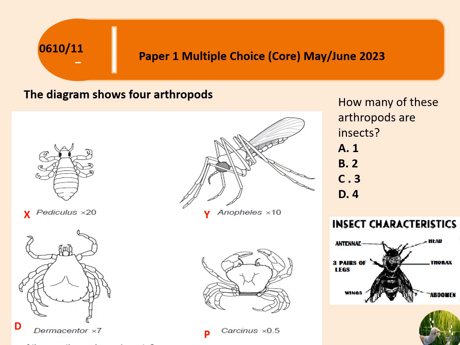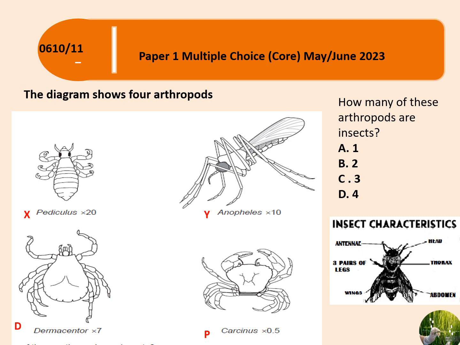Multiple choice question, May June 2023. The question is, the diagram shows 4 arthropods. How many of these arthropods are insects? A. 1, B. 2, C. 3, D. 4. So you have to find out how many are insects. If we look at the insect characteristics, you can see insects have only 3 pairs of legs.